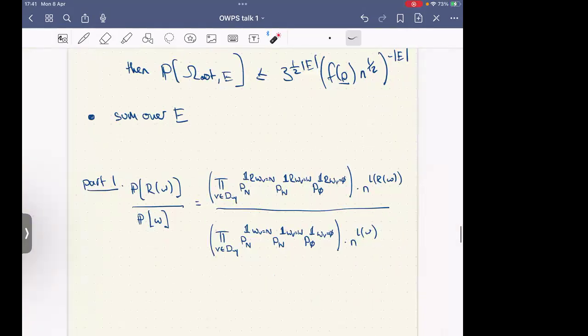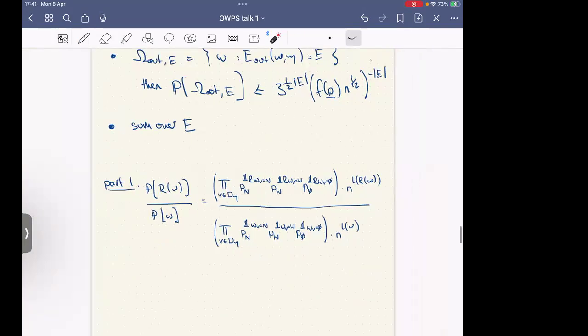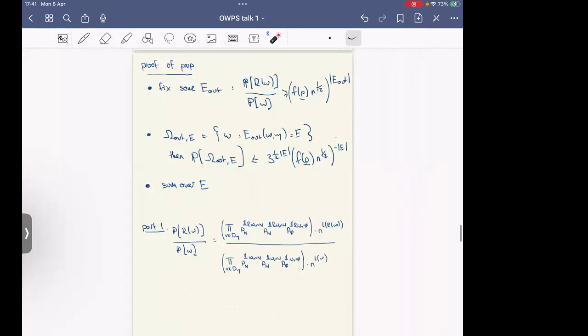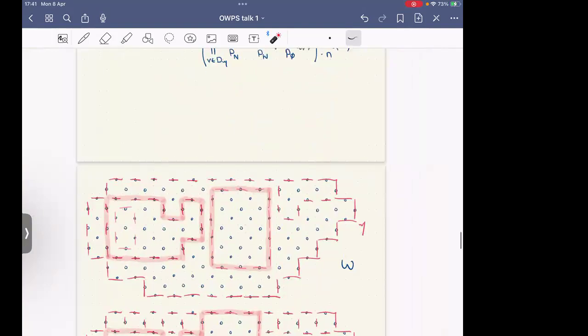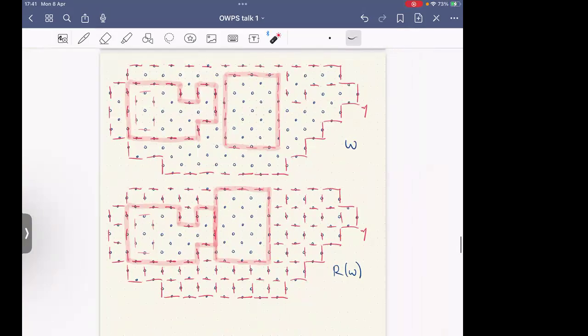Okay, and here's the key thing which we used, which is why we set this all up. Here's my omega and here's my R of omega, where I shifted my dual cluster and filled in everything with primal mirrors outside of the clusters. Then by the domain Markov property, whatever happens in here is independent from what's going on here.